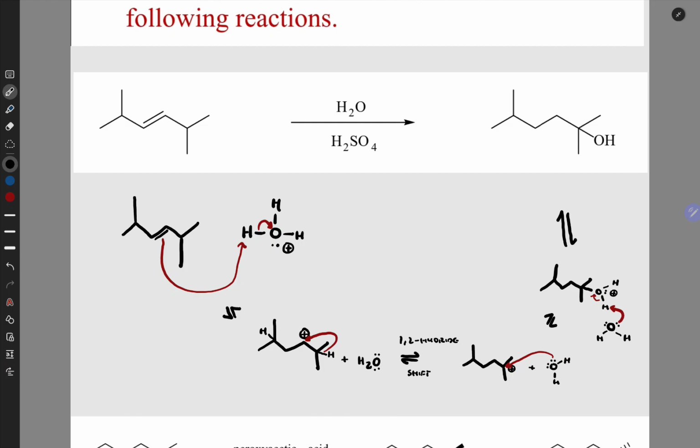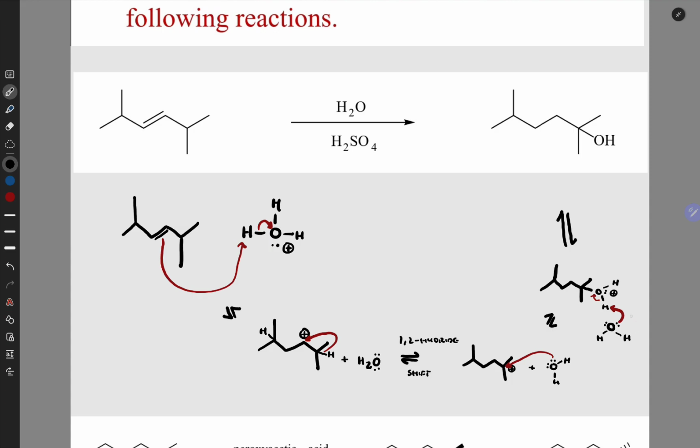So that is what happens with H2SO4 and H2O. What will happen is the hydronium ion will donate a proton. It'll form a carbocation of some sort. If it does, awesome. You'll have some kind of shift if you do form a carbocation. Water will attach to that carbon in need of stabilization.